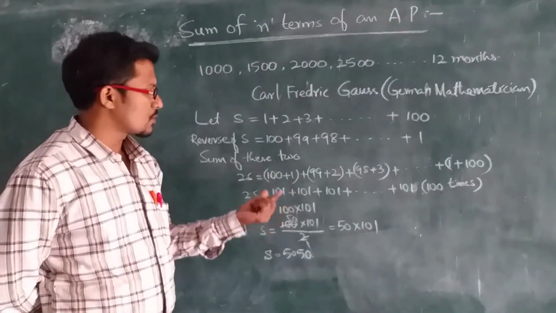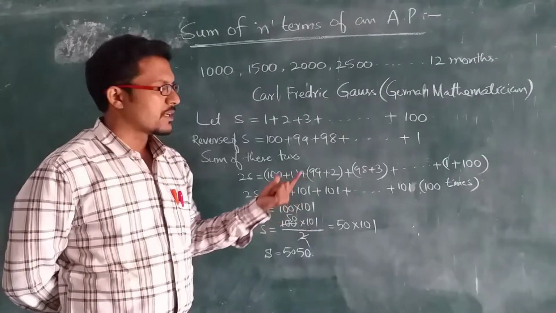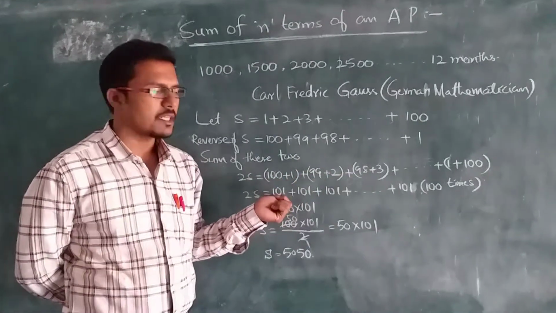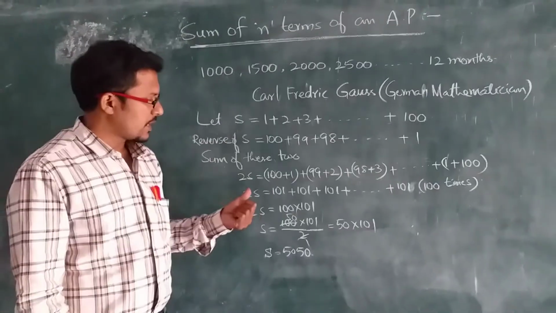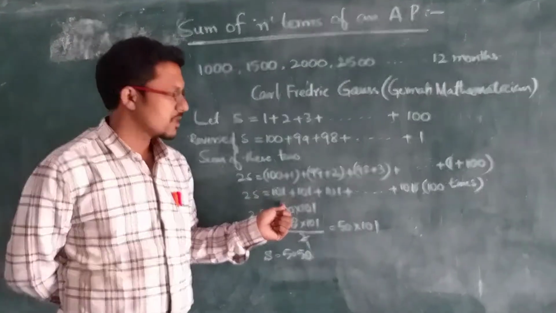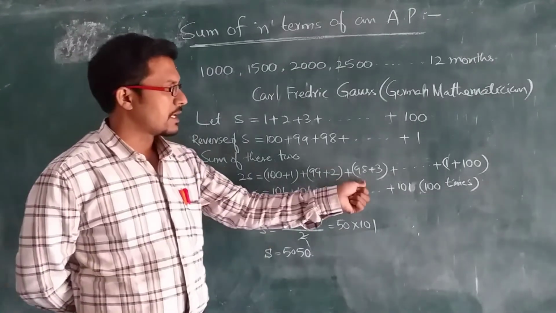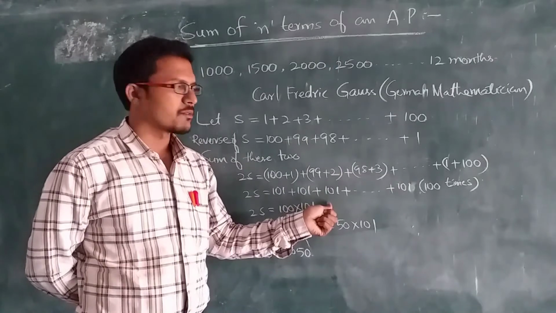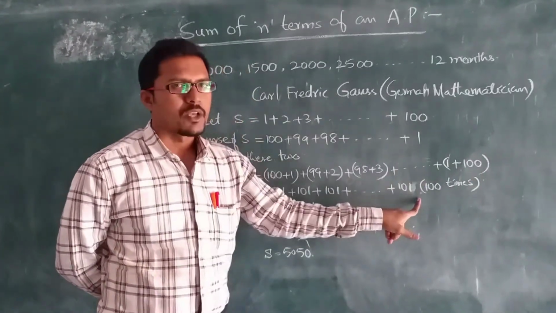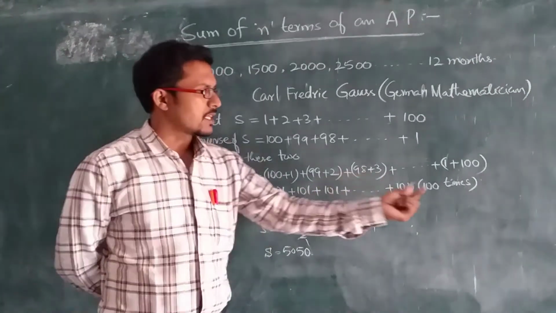If we add these two, a magical thing happens: every term becomes the same. Here, 100 plus 1 is 101, 99 plus 2 is also 101, 98 plus 3 is also 101, and finally 1 plus 100 is also 101. So how many times is this 101 repeating?